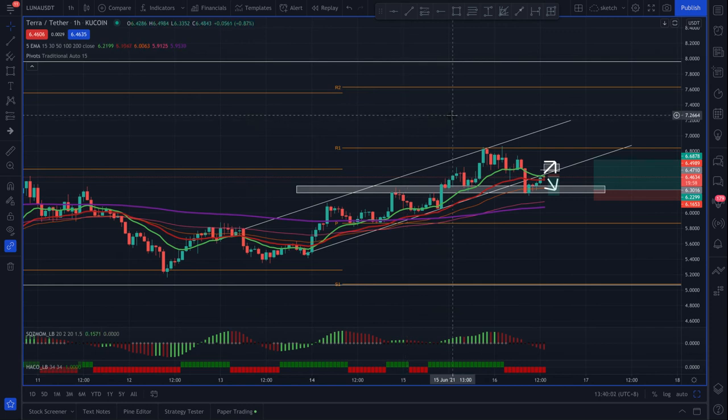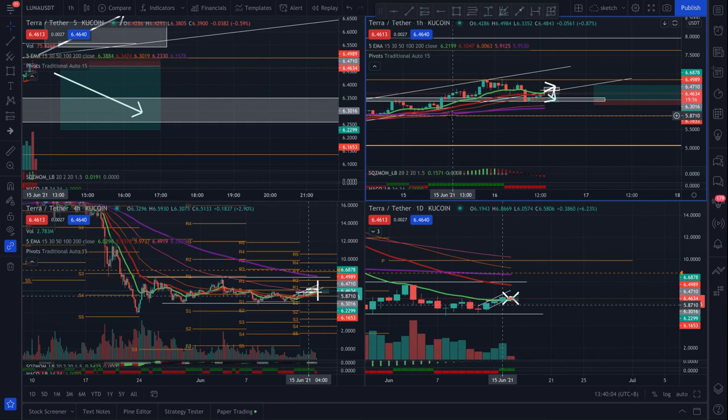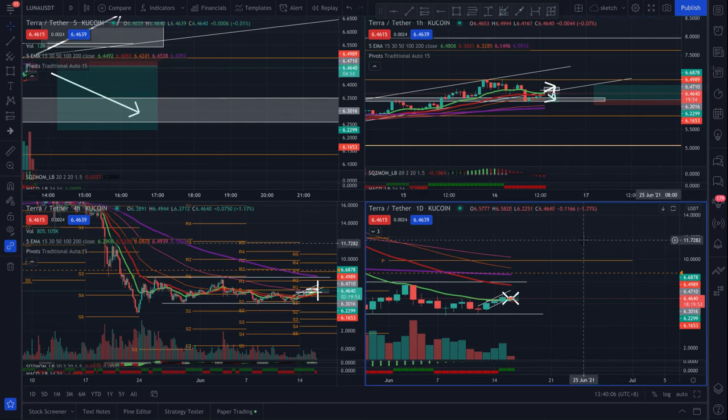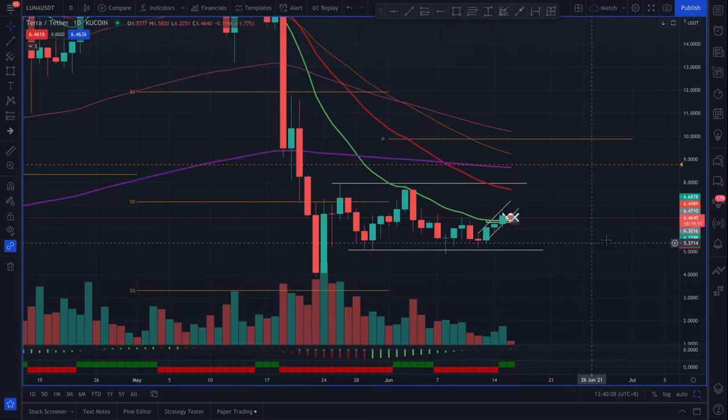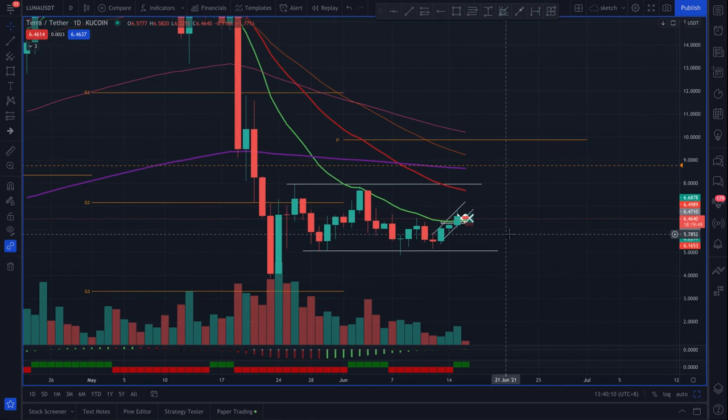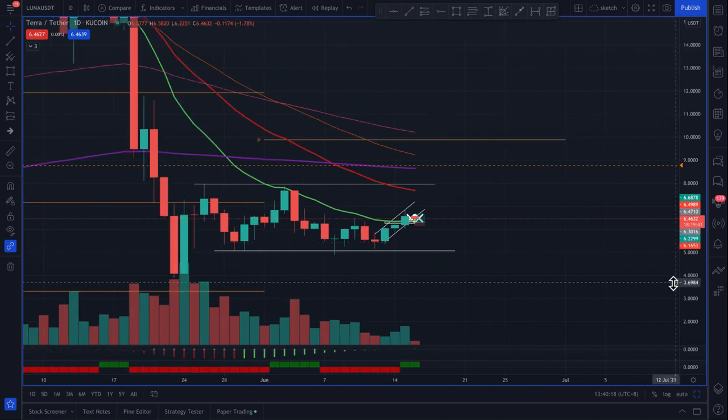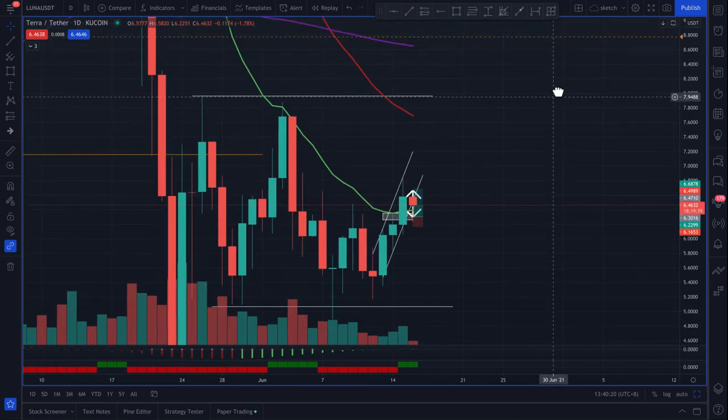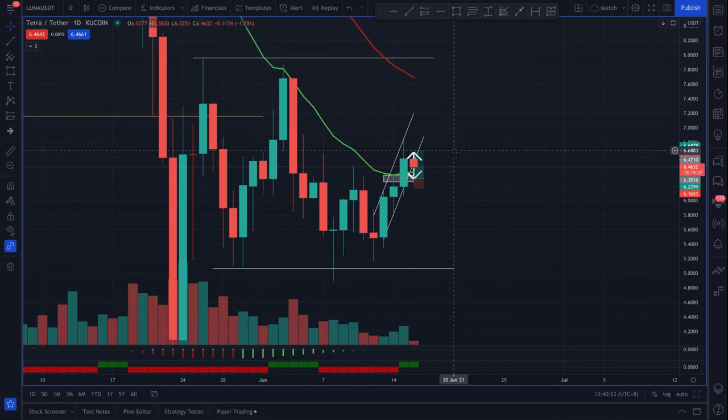Alternatively, if you're going to wait for the longer run, play the longer term, right? You might want to wait for it to retrace all the way back down here to like the 5.42 price. Right, let me just zoom that right in. Let it retrace back down here.